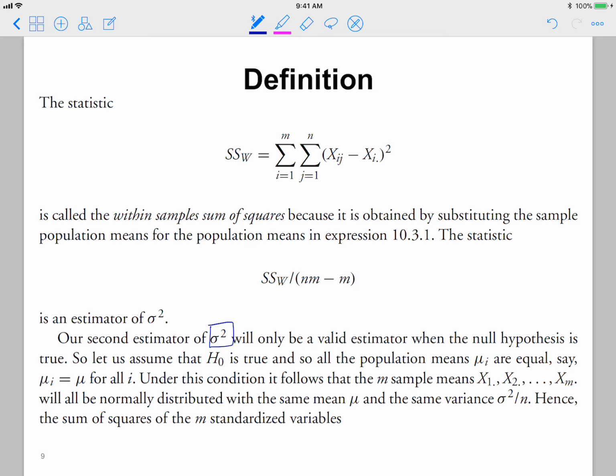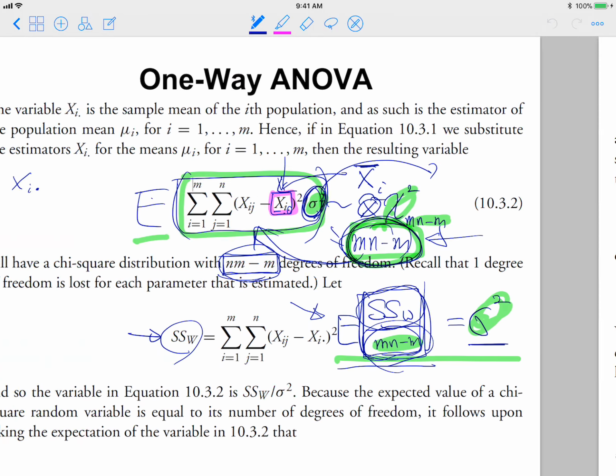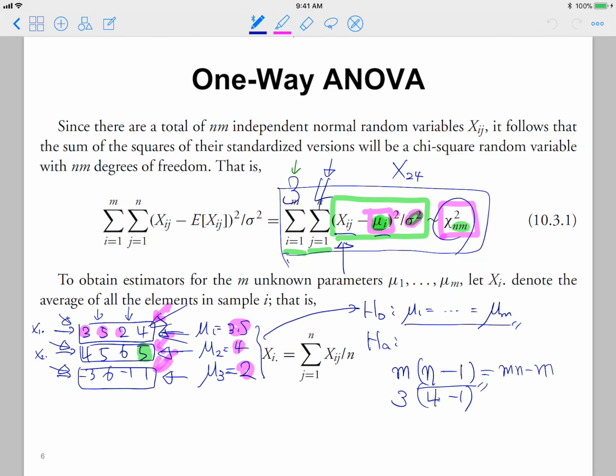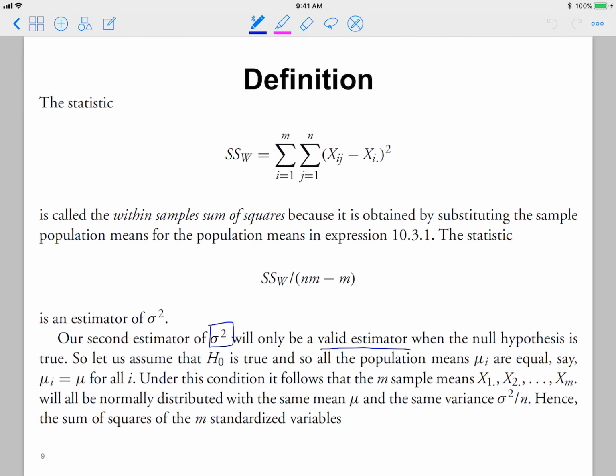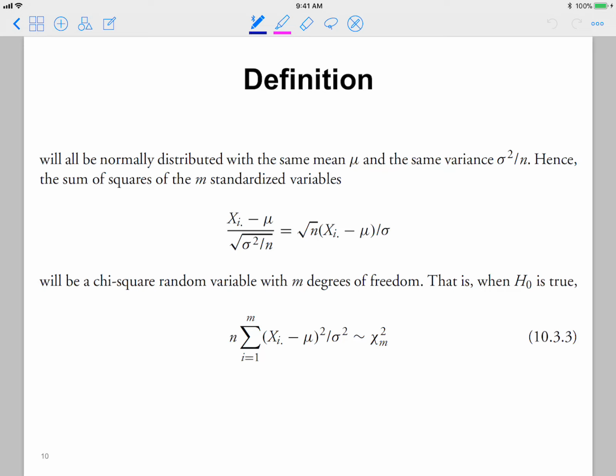And this estimator can only be used when assuming the null hypothesis is true, which means that the mean values of all the groups are the same, right? So let's look at this second estimator.